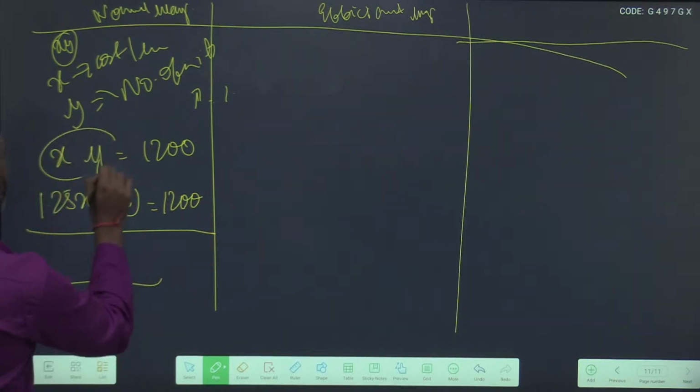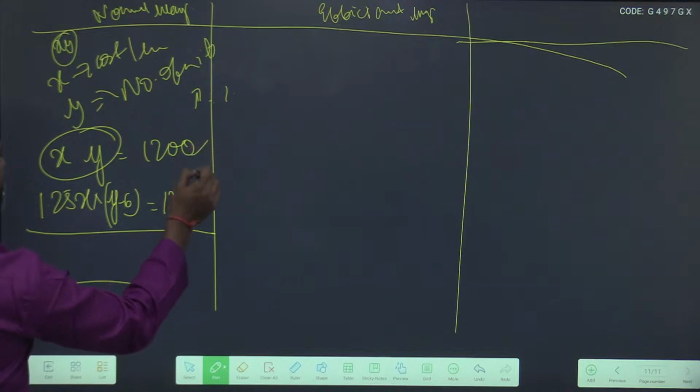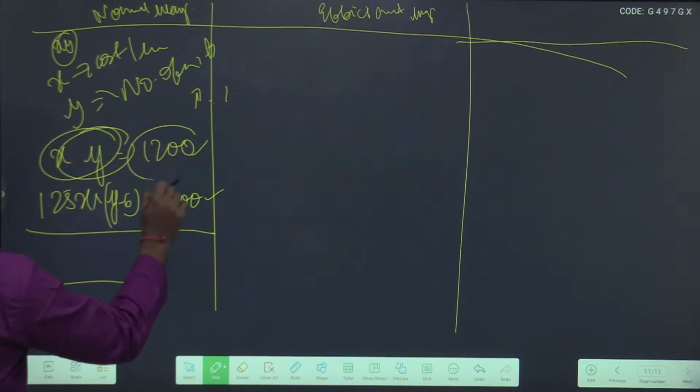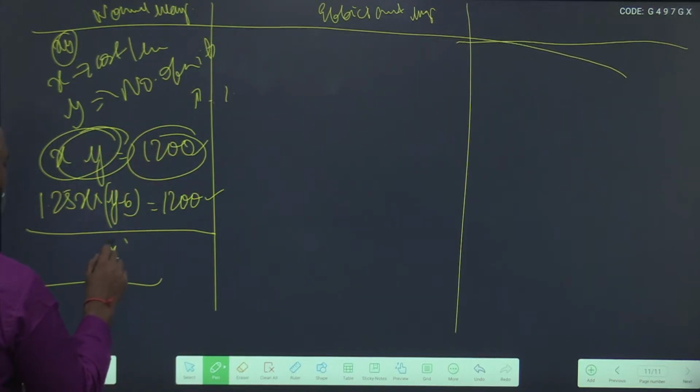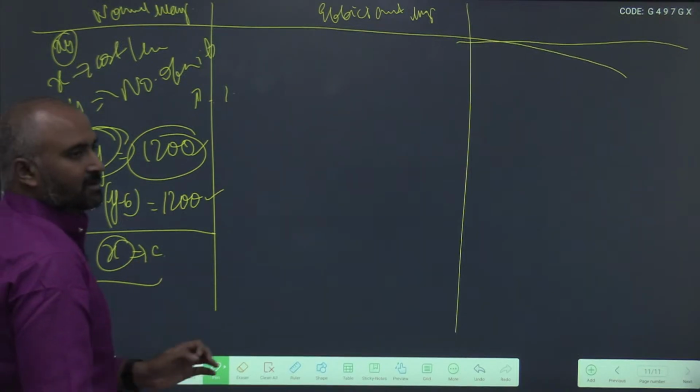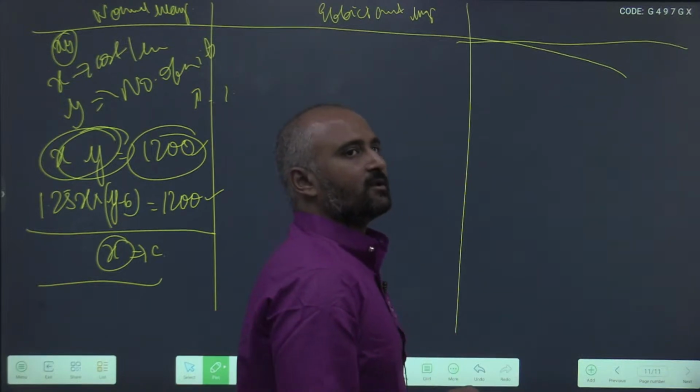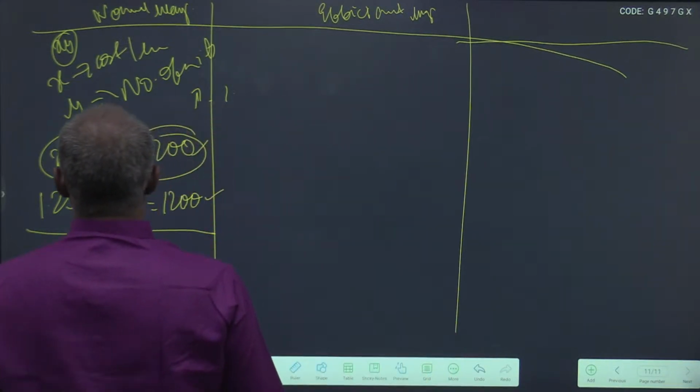Two variables, you have two equations. If you solve this and substitute for x and y equals 1200, you can find either value, but this is calculation intensive and not an efficient way.